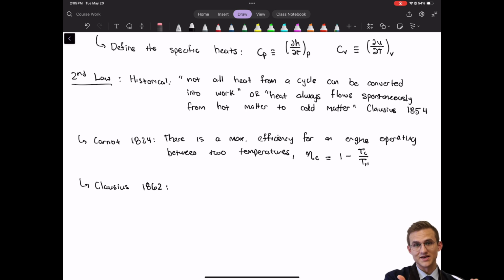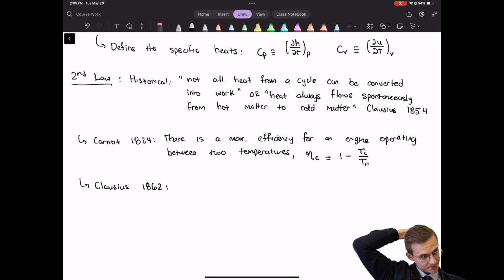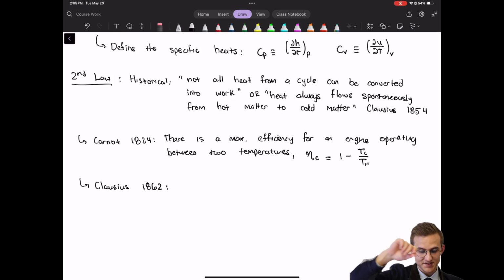Because you're plugging into the ideal gas law, you should get the same density out. And so a state variable is known as path independent, meaning you could go in every direction you want. When you return to the same point, you should have the same value of that state variable that you had before.